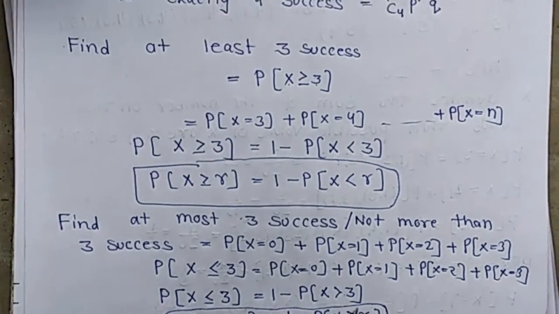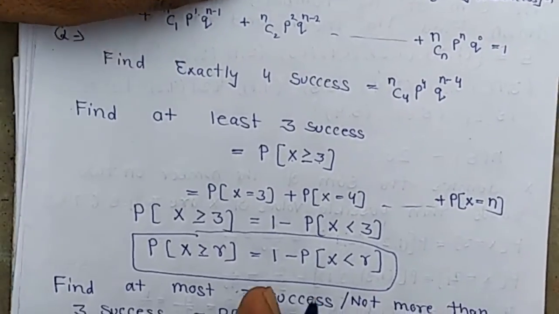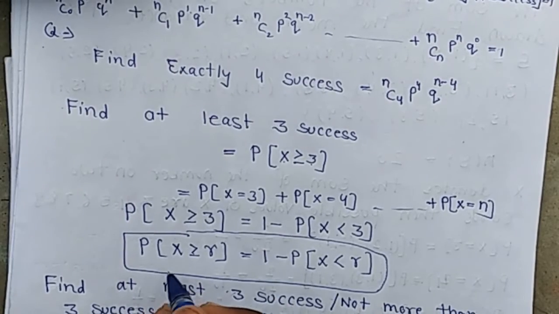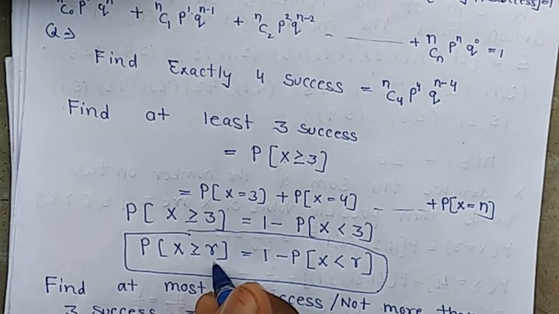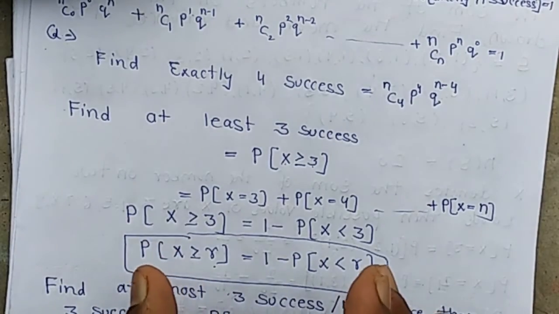When the number of trials is very large, then we apply this formula for getting at least 5 success, at least 2 success, at least 3 success. We apply this formula.